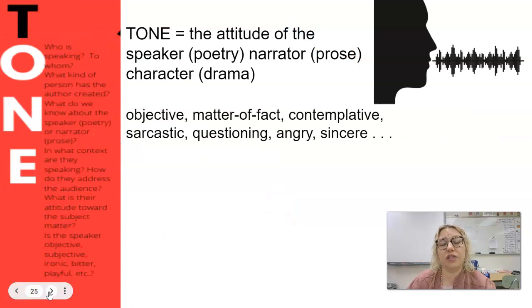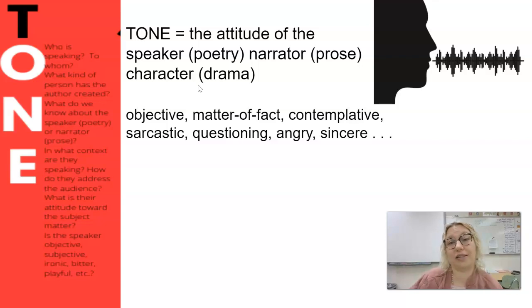Tone is the attitude of the speaker when we're talking about poetry, or the attitude of the narrator when we're talking about prose. And when we're talking about drama, you're really going to talk about the tone of a character, right? Because with drama, most of what we read are what the characters say on stage. A tone might be objective and matter of fact.